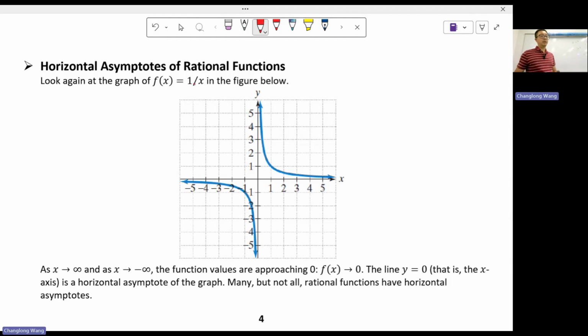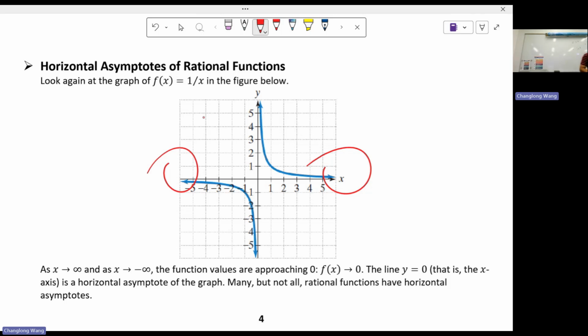Now, first off, this is 1 over x, right? The reciprocal function. So we know what's going on at the pole, right? But now let's look at the end behavior. When a graph reaches far right or far left, I already explained to you why the graph will be approaching 0 from the top or the bottom depending on whether the x is negative the whole time or positive the whole time.